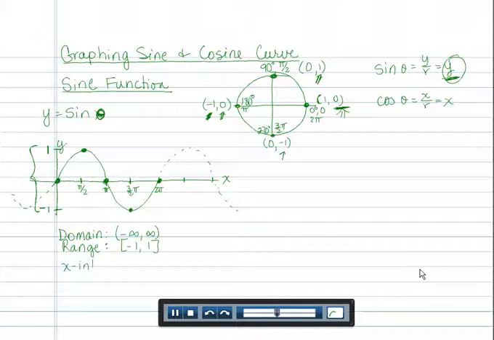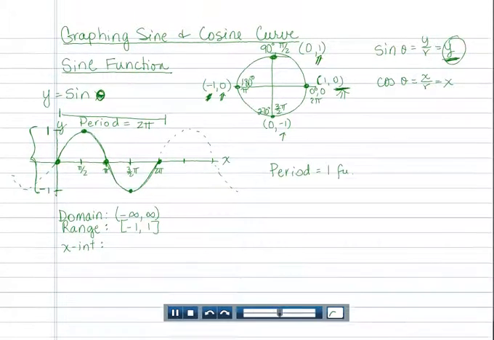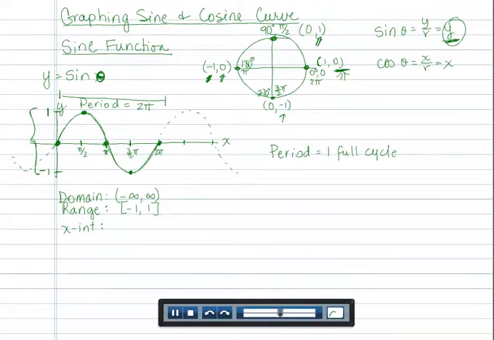For the x-intercepts, within one full sweep of the curve from beginning to end, we have the curve right here. And by the way, one full cycle of the curve is known as the period. And the period happens within 2 pi. We said the period is one full cycle of the wave.